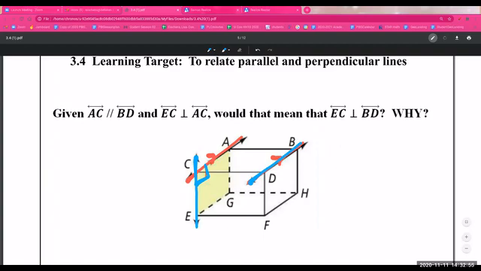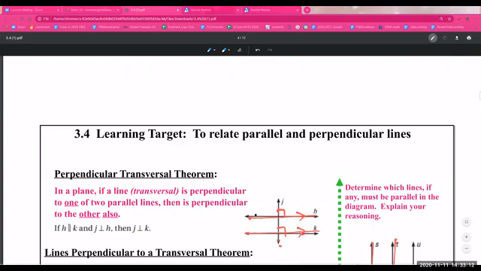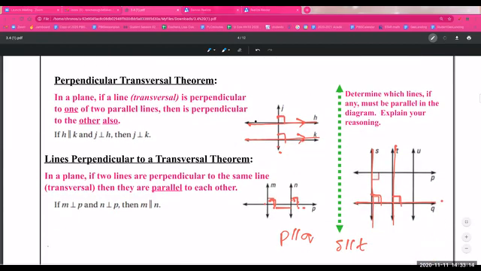Well, we said that if a line is perpendicular to two parallel lines, then it's perpendicular to both, but those two lines that are parallel must be in the same plane. So that's looking at this one, in a plane.